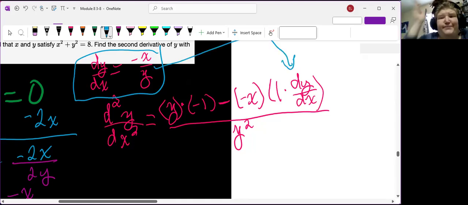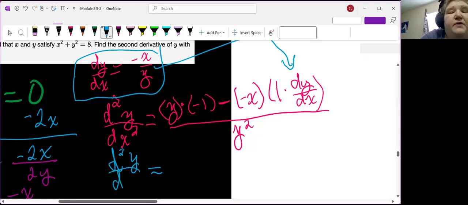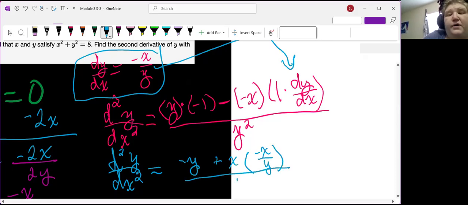So we're just going to put it in there and do a little bit of cleaning up as we go. So our second derivative of y with respect to x, that is a negative y. Then the minus and negative here will become plus x times negative x over y, all over y squared.